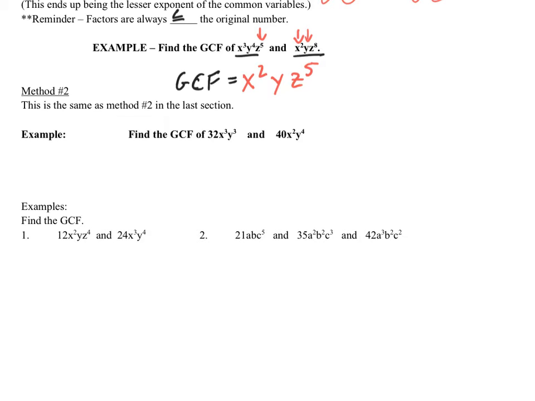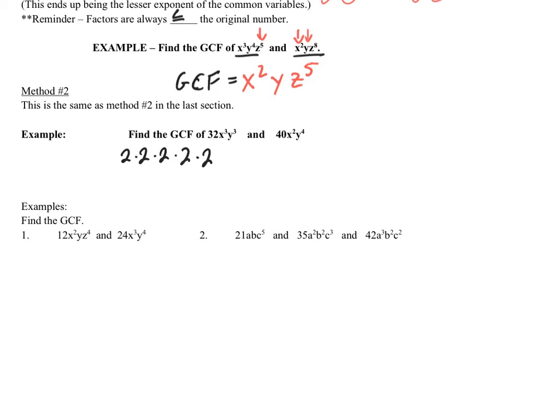All right, so I'm going to erase this and actually do the example. We're finding the GCF of 32 x cubed y cubed and 40 x squared y to the fourth. So we're going to factor all of this. For the coefficients, just do your prime factorization. 32 is 2 times 2 times 2 times 2 times 2. When we do the prime factorization of our variables, we essentially just want to break down what that exponent is telling us.